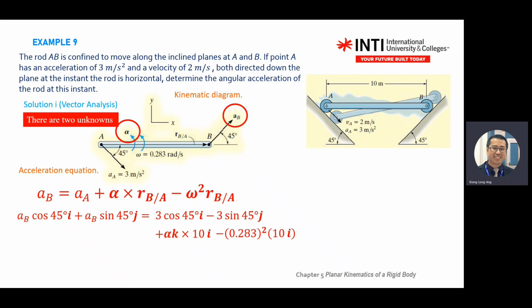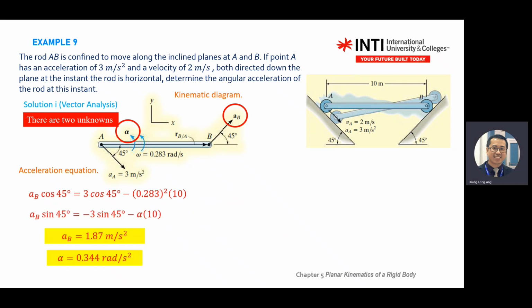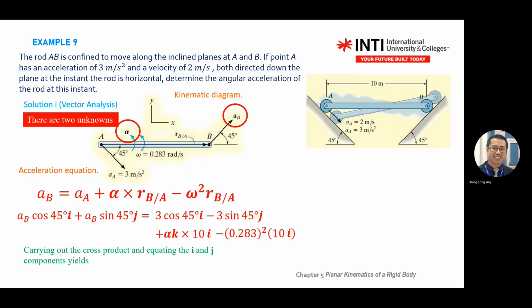So here you have i and j. You group i together, you find what the i magnitude is. You group j together, you find what the j magnitude is. So you can find the answer. You can find what is your a_B and then the alpha also. Yeah, this is simultaneous equations. You solve simultaneously, right?